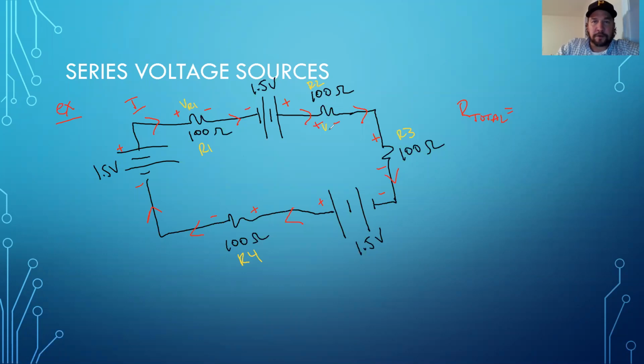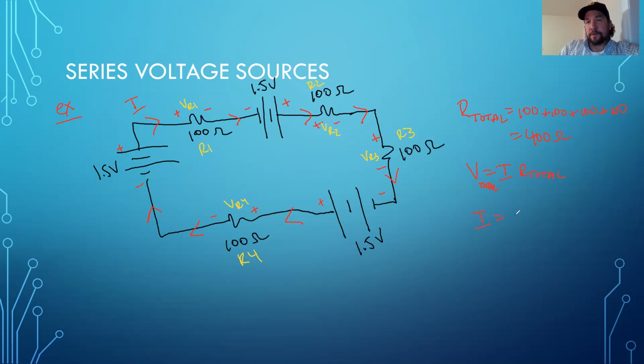This is VR2, this is VR3, and this is VR4, all right? And so my R total is just the 100 plus 100 plus 100 plus 100, which gives me a total of 400 ohms. And by Ohm's law, I know that V total equals I times R total.